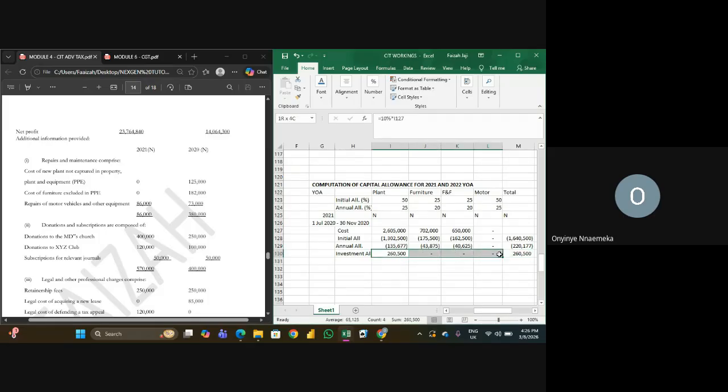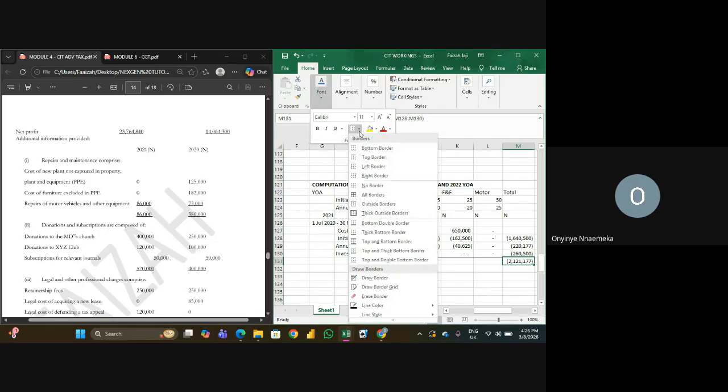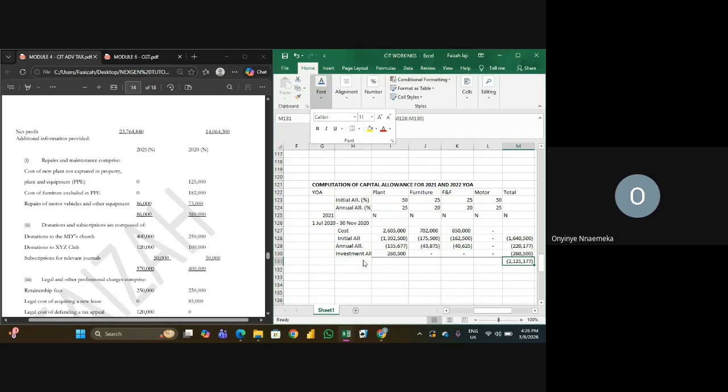I hope we remember that. Yes, ma'am. So this is our total allowance for the year. So tax written down value carried down. We are going to be excluding this investment allowance exactly. So this should be it.